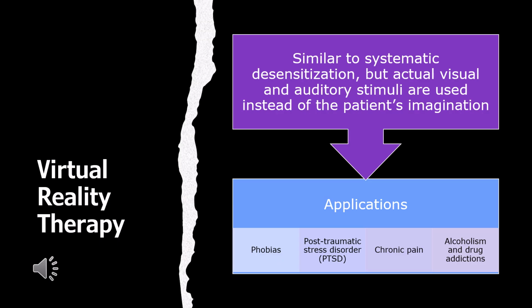We combine this with breathing, cognitive coping, as well as between-session homework. We see this often done in cases of PTSD, chronic pain, as well as alcohol and drug addictions.